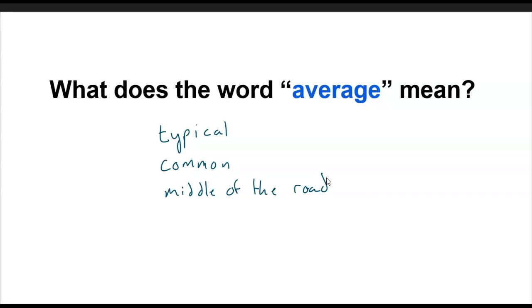What else might average mean? It just kind of means most of the people are like this, or most are similar, right? Average means that, if you talk to anybody in general, they might have this average characteristic.